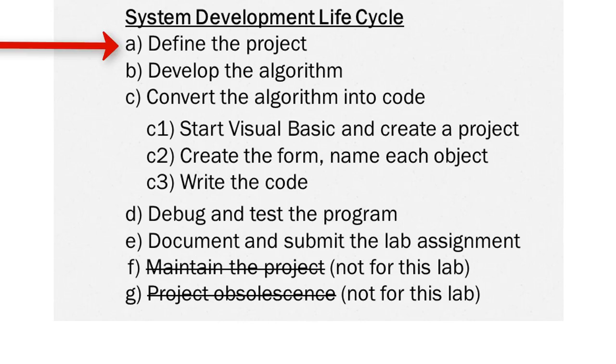First, define the project. Then we'll develop an algorithm. Convert the algorithm into code, debug and test the program, document and submit the report, and I won't be covering how to maintain the program or project obsolescence because this probably is not a big enough project to do those things.